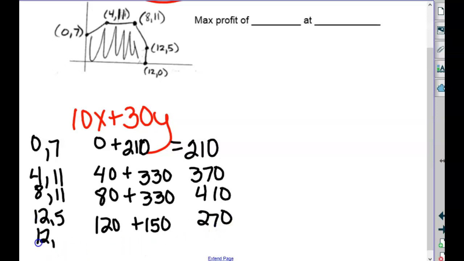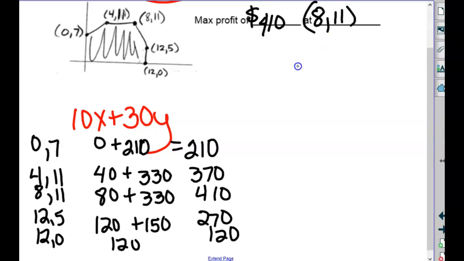And 12.0 would be 120. So the maximum profit would be 410 at 811. But I can make the maximum profit occur at any one of those corners based on how I write that red equation, which is the objective function.